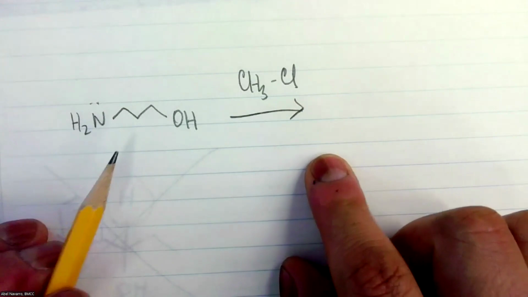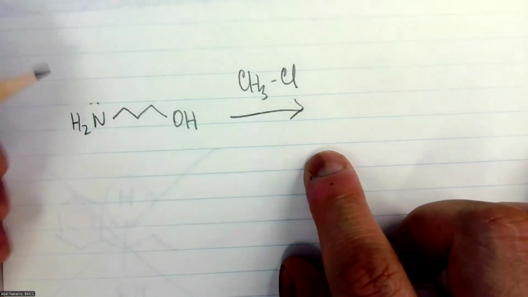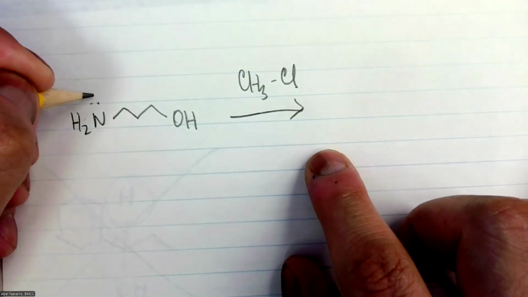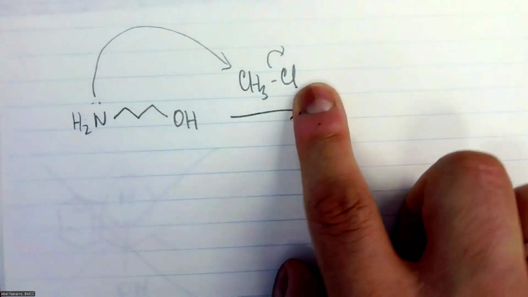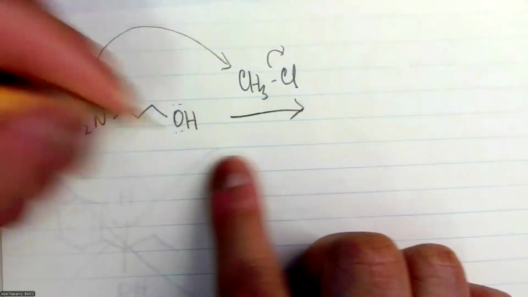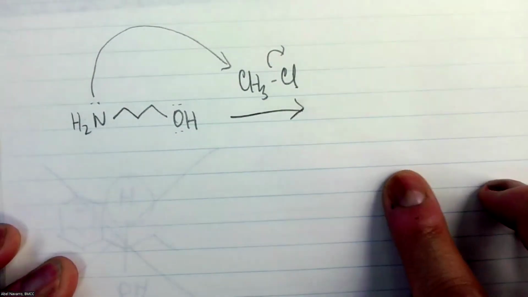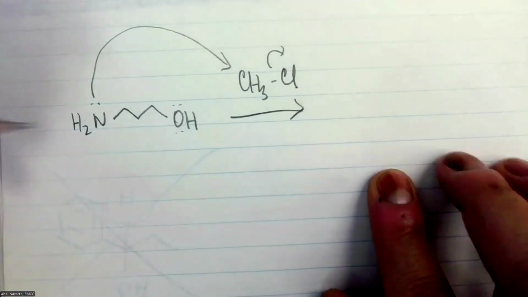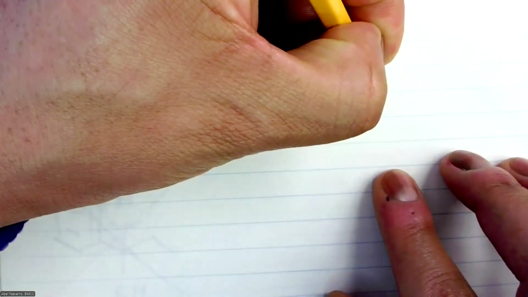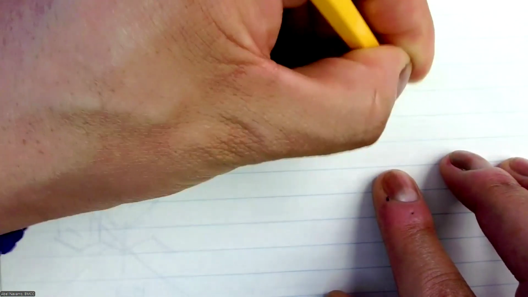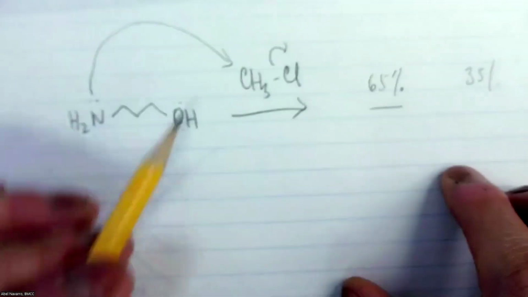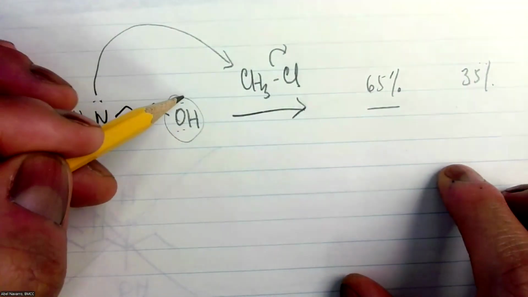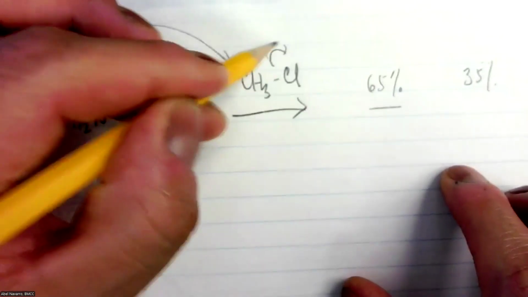The methyl chloride, yes, I know the amine is a good nucleophile. The good nucleophile will selectively react in an SN2 reaction. But you observe that it will attack, but you have only a 60 or 65% yield of that reaction. What happened with the other 35%? The OH was the one that attacked the methyl.